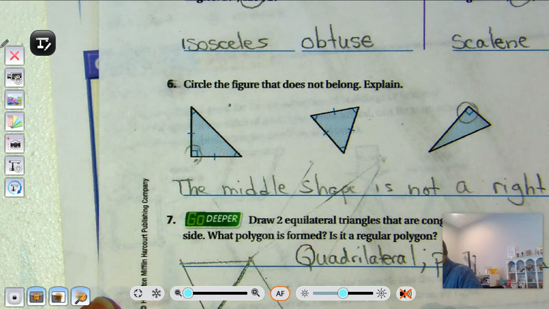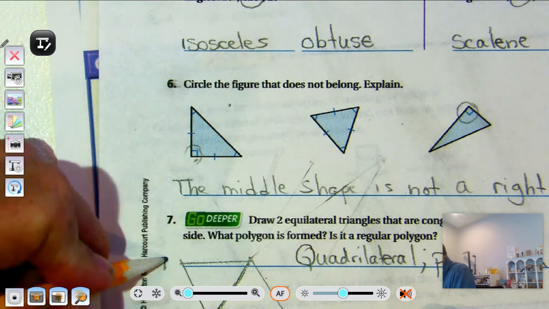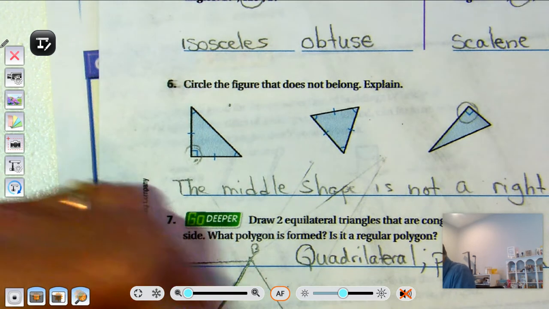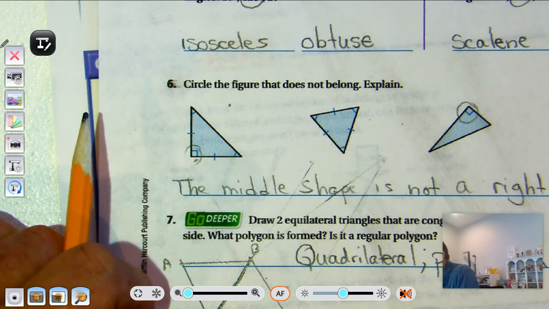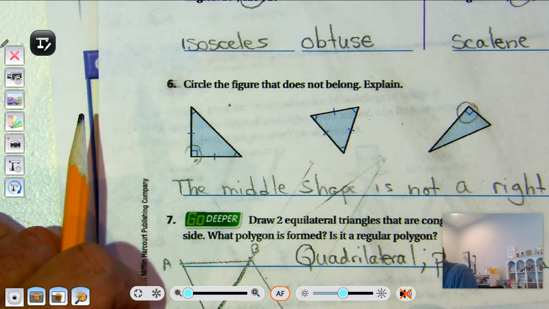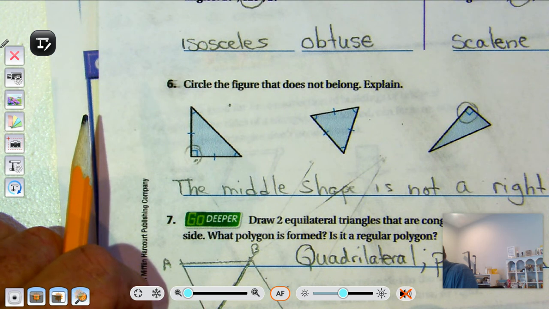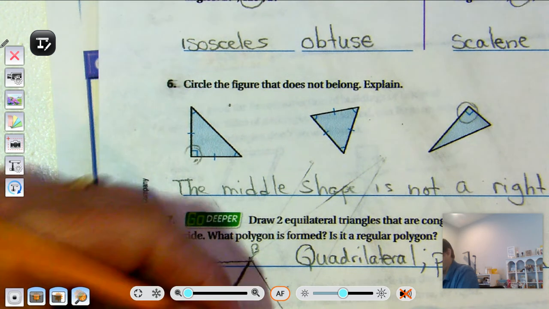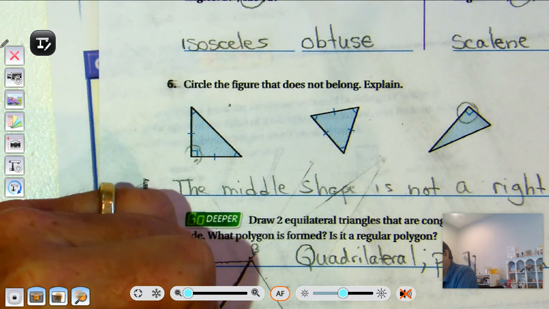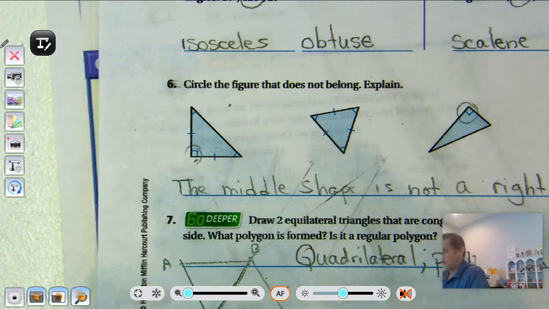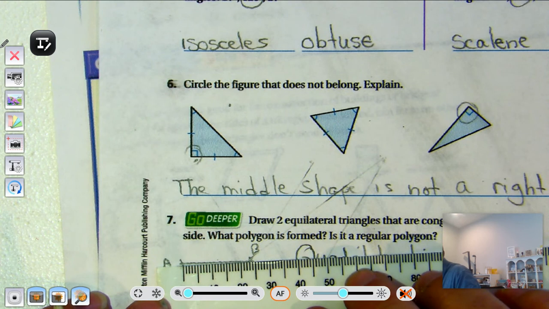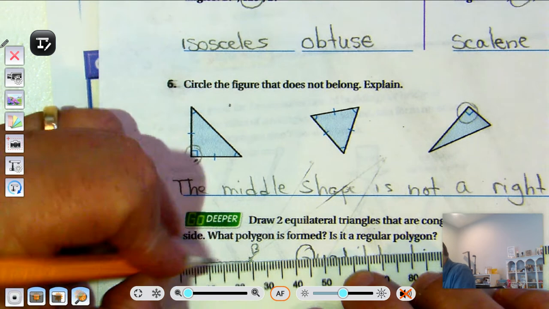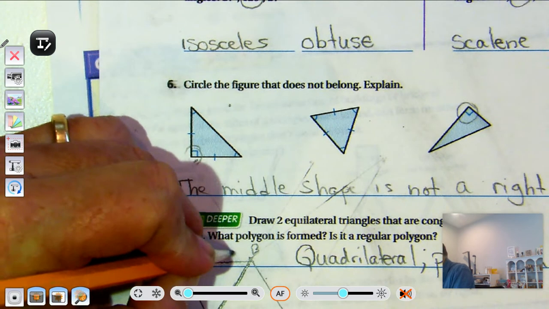Okay, well, let's go ahead and put points in. All right, so line CD is about 23 millimeters. Line AB is about 25 millimeters.